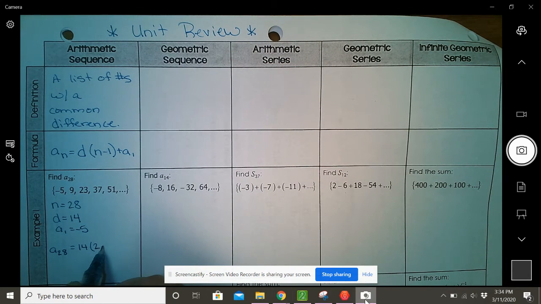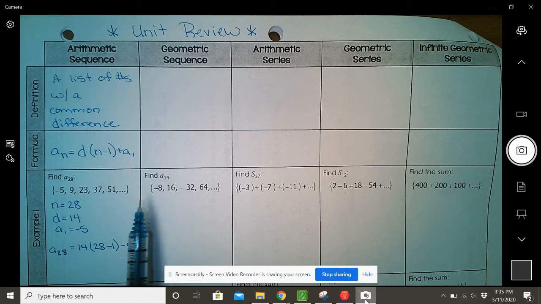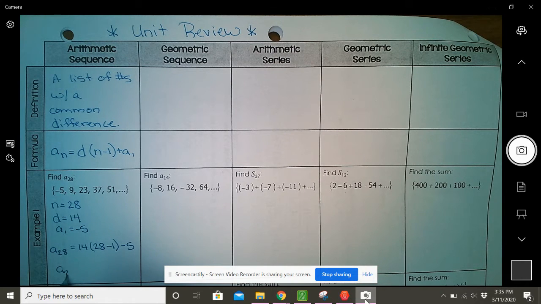I definitely don't want to write out 28 terms, so I need to understand this formula. The 28th term, way down the list here, we got 14 times 27 minus 5, because n, 28, minus 1 is 27. Put all that together, and the 28th term of this sequence is 373.